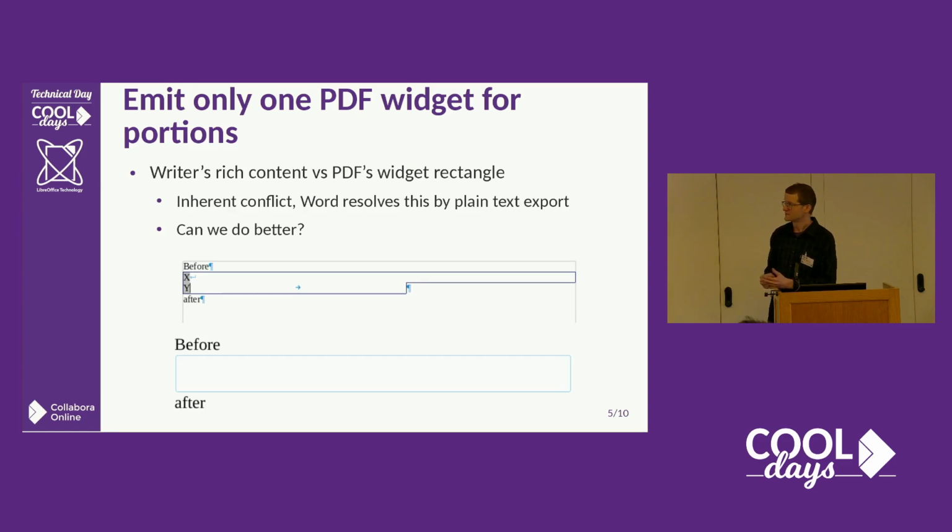What's also new is that we used to turn this data to plain text when exported to PDF, and we thought that will be good enough, given that Word also does this. But actually we can do a little bit better. What about turning these content controls to fillable PDF forms? Given that that's also already possible with these control shapes.